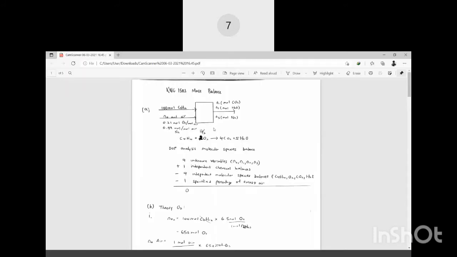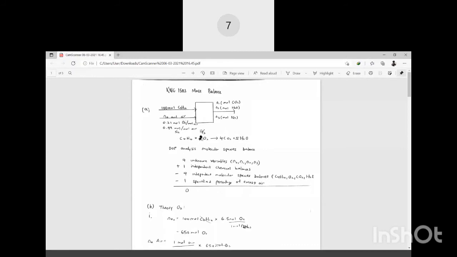Okay. So now I'm using the molecular species balance. So first the degree of freedom analysis. We have 4 unknown variables here, which is CO2, H2O, N2, and the excess air.